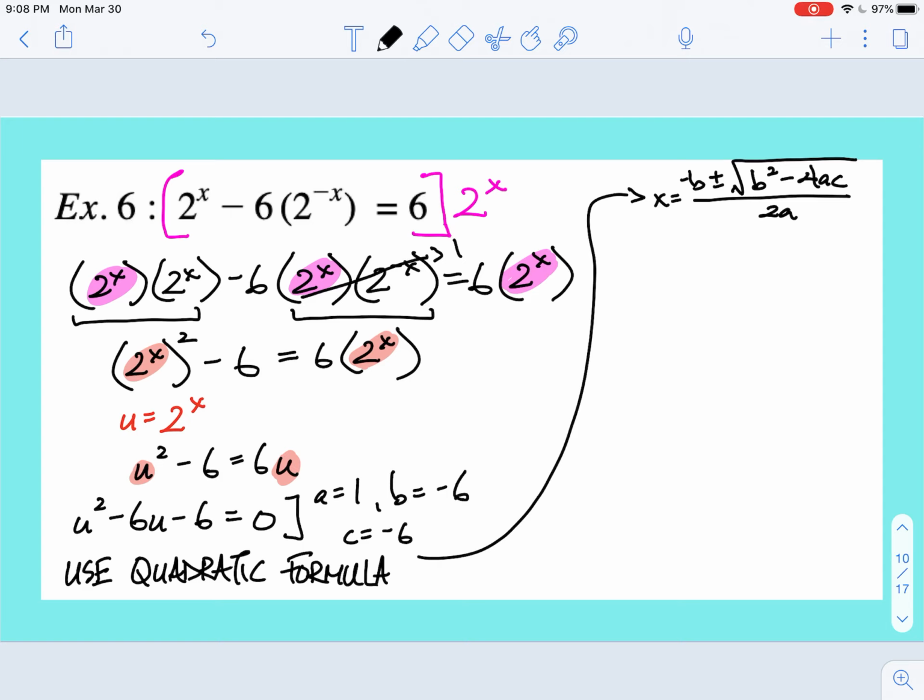And so when we plug that into our quadratic formula, I'm going to get a positive 6 plus or minus the square root of 36 plus 4 times 6.